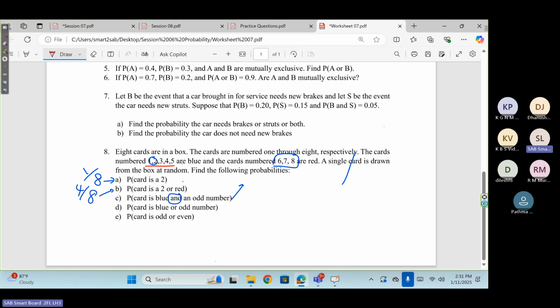Then how many odd numbers are there? 3. Then what's the probability? 3 over 5.